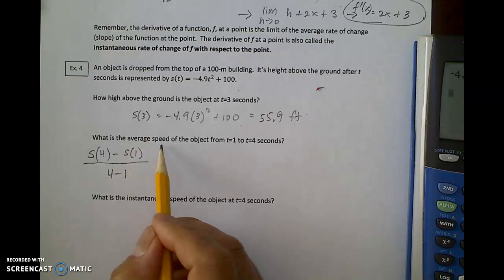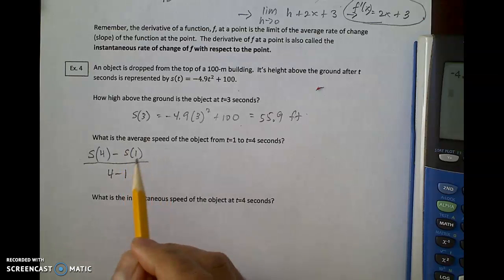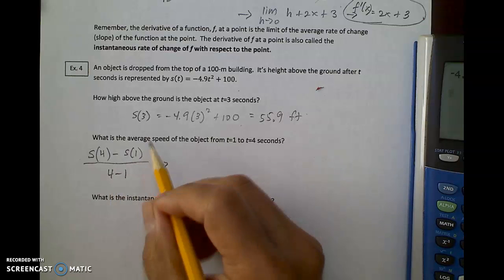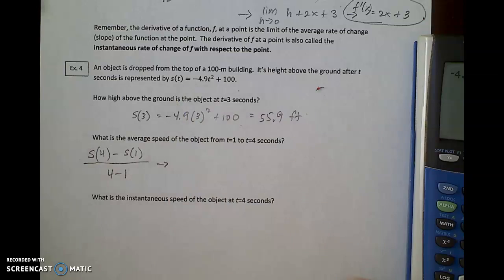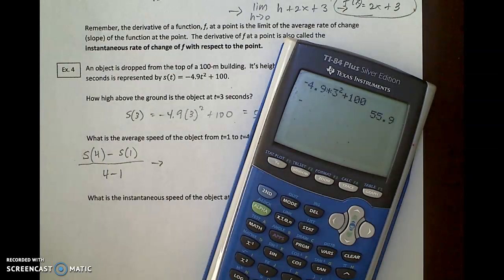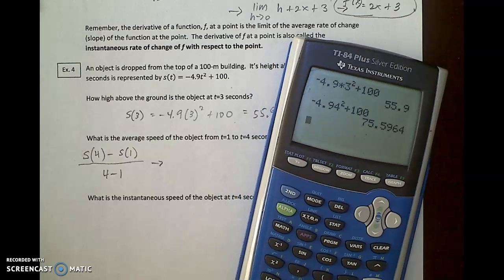And the function evaluated at 4, we're plugging 4 in for t. About 21.6.